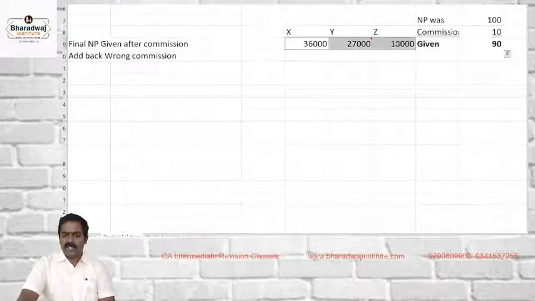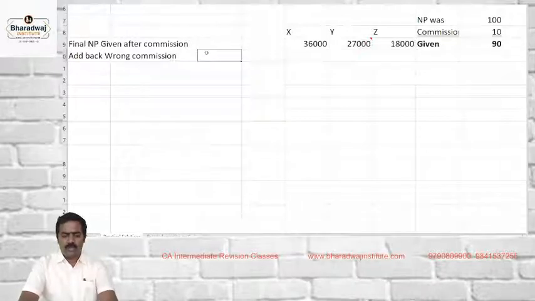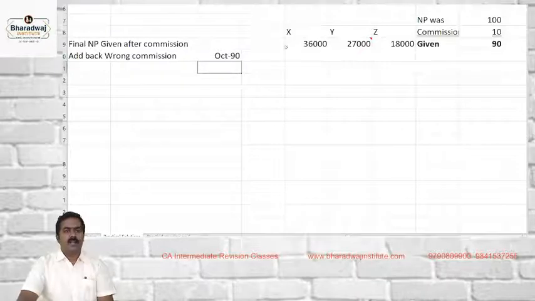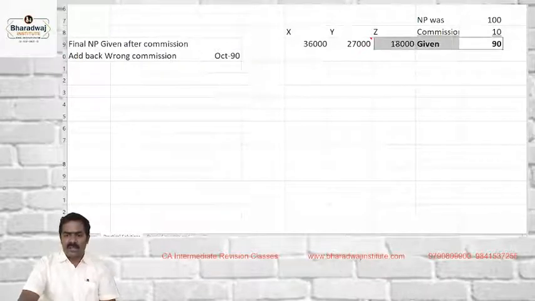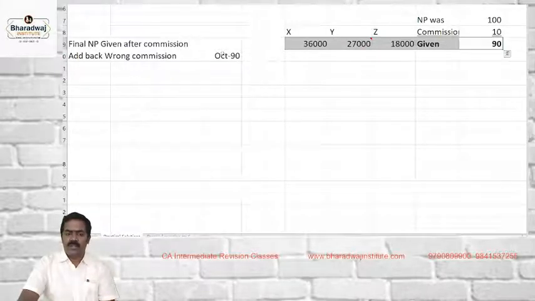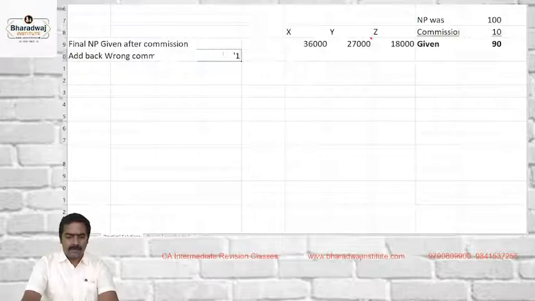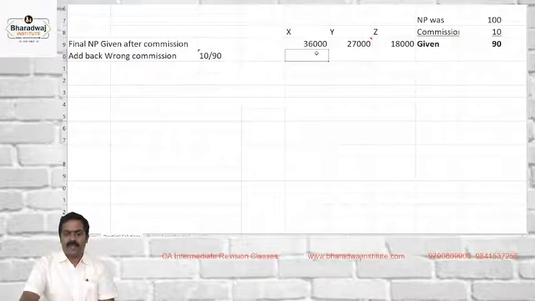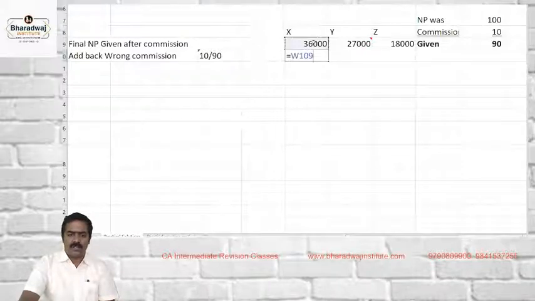If 90 is this much, what is 10? So you have to multiply by 10 by 90. Why? Because this is after calculating commission they have given. So multiply this 36,000 into 10 by 90.